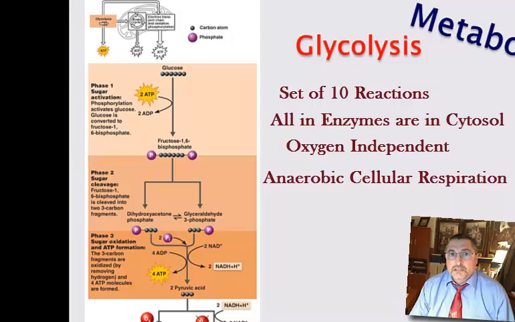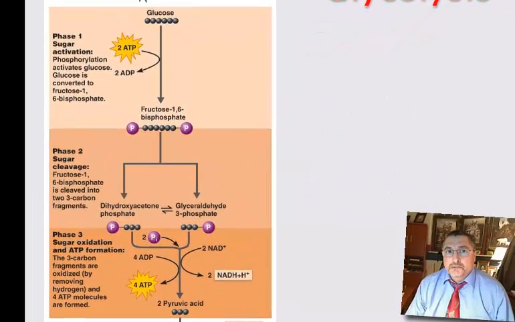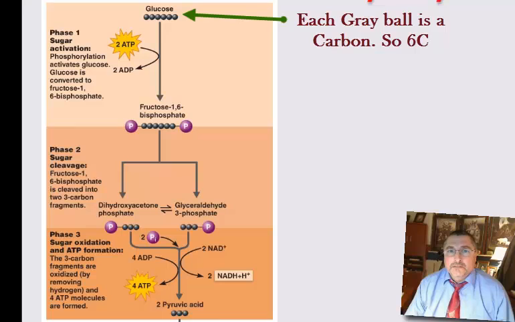They are oxygen independent. We start with the glucose molecule as our initial substrate. The end product, if you notice from this set of reactions, is going to be pyruvic acid. In fact, it's going to be 2 pyruvic acids. So we start with a 6-carbon molecule, and it results in the production of 2 3-carbon molecules.